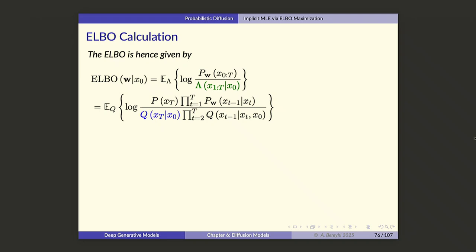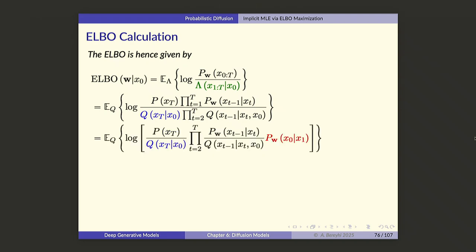Then I have the same multiplication in numerator and denominator, so I can write it down as the multiplication of the fractions, right? So I can write this down as p of xt divided by q of xt given x0. So this is the first term, right? You see it? Then I just factor out t equal to 1 in the denominator, okay? If I put t equal to 1 in the denominator in that product, you're going to see that here you have x0 given x1, right?